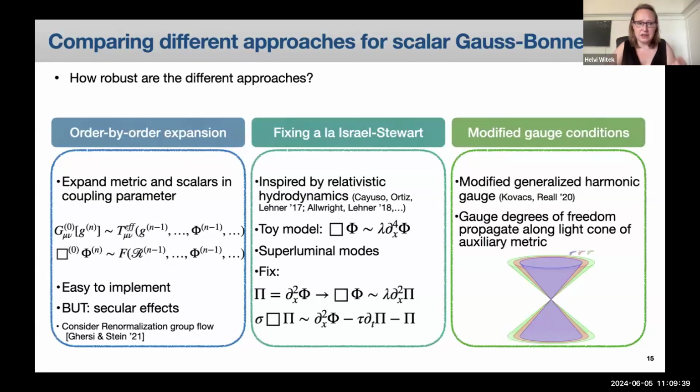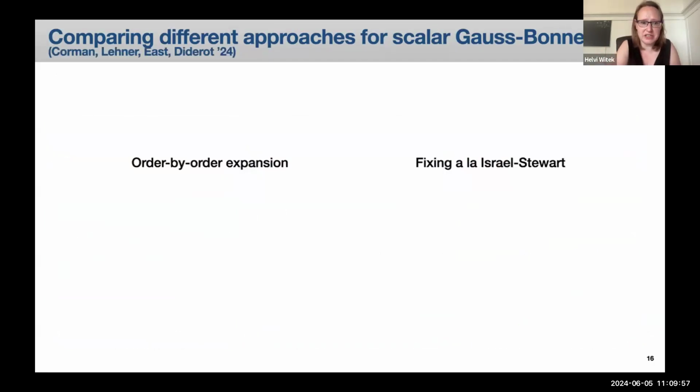So we have this order by order expansion. We have this fixing à la Hydro or à la Israel Stewart, and we have evolutions of the full equations using modified gauge conditions.